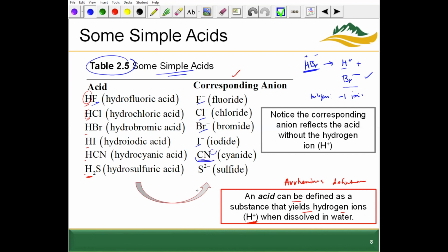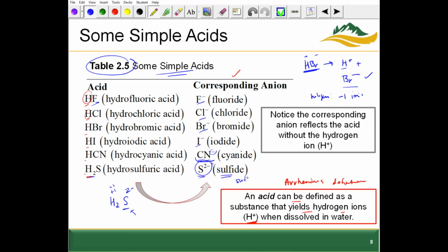For hydrosulfuric acid, if this dissociates into 2H+, then each one of the hydrogens is +1, and overall, we know that this needs then to be 2-. We also know sulfur, where it's placed on the periodic table, prefers to form these 2- ions, which we call sulfide ions.